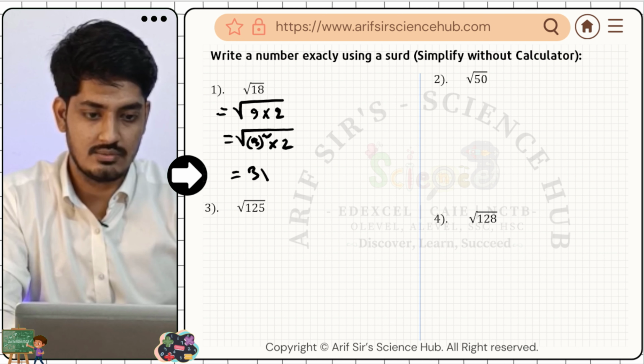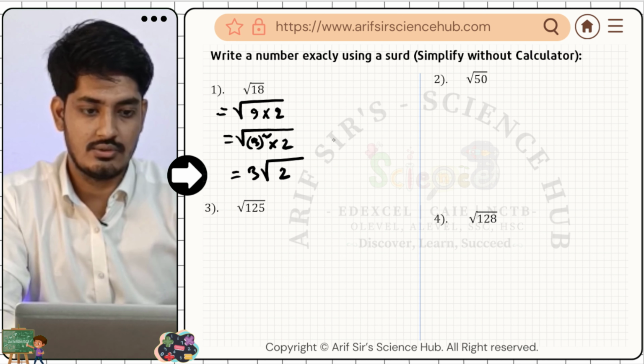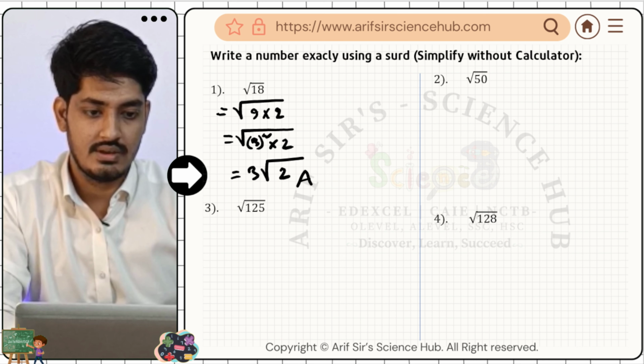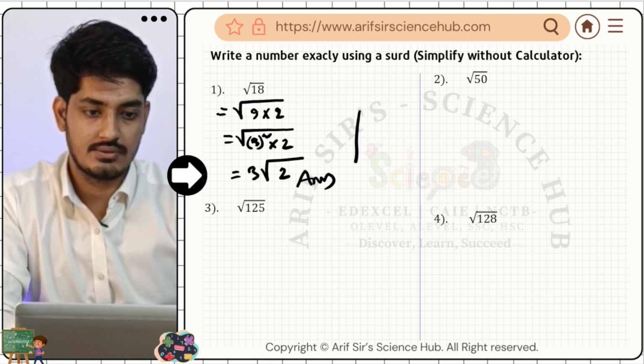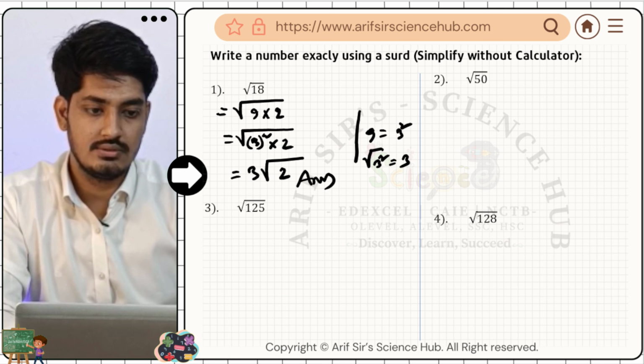That means it should be 3 square root 2. That's the simplified version of square root 18, and we cannot simplify it more. We write this 9 as 3 squared, and square root of 3 squared is equal to 3.